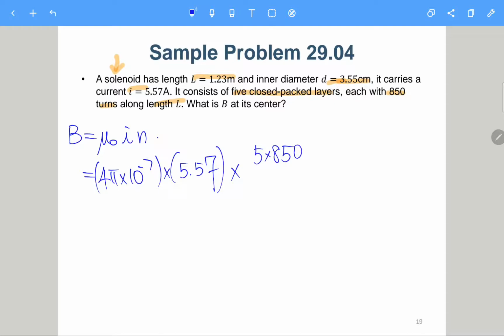However, we need to consider the number of turns per unit length, and it tells you that the length is 1.23 meter. So we need to divide it by 1.23. So finally, the magnetic field should be 2.42 times 10 to the minus second power Tesla.